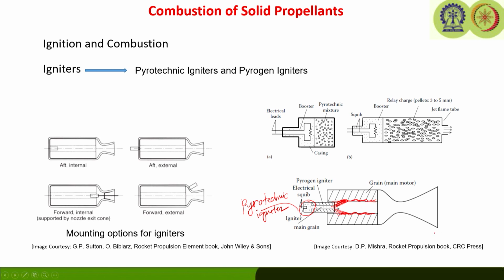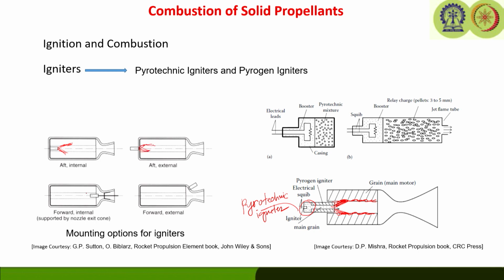Okay. Now, there are various mounting options for igniters, like aft mounting, which may be internal, or it may be external, where only the gas will come. If it is here, you can see this plume will come and hit the propellant surface. Here also the gas will come and impinge on the surface.